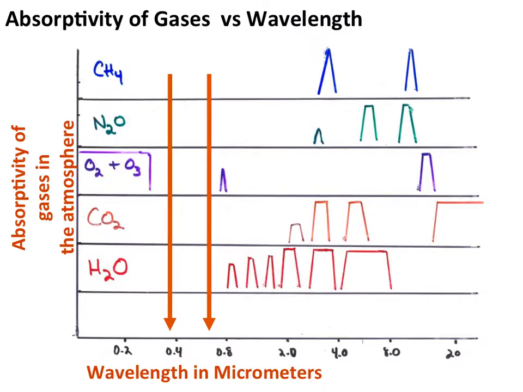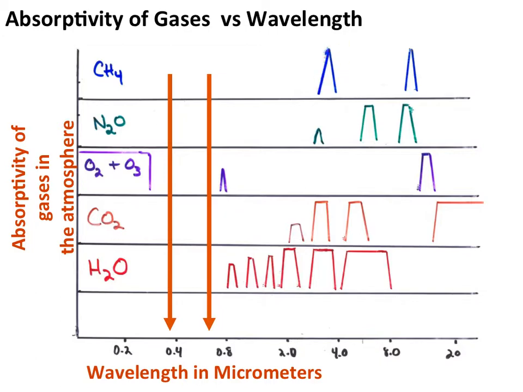This is a nice graph that displays absorption of energy by wavelength of various gases: methane, nitrous oxide, oxygen and ozone, carbon dioxide, and water. We have short wavelengths here, long wavelengths here, and these peaks indicate high absorbance.